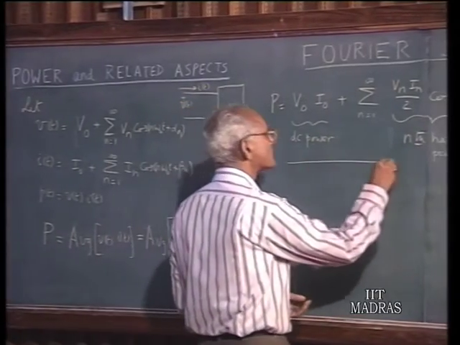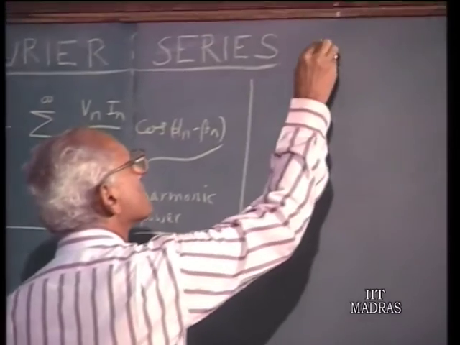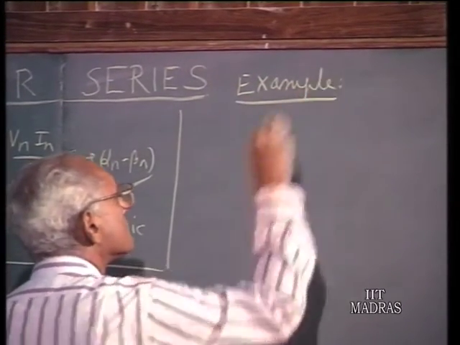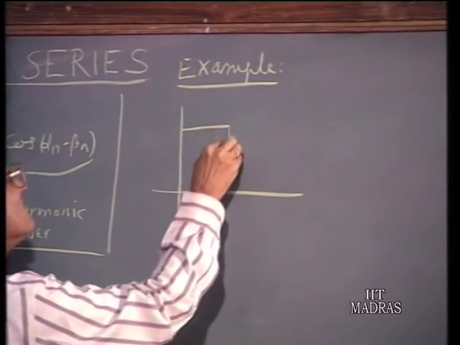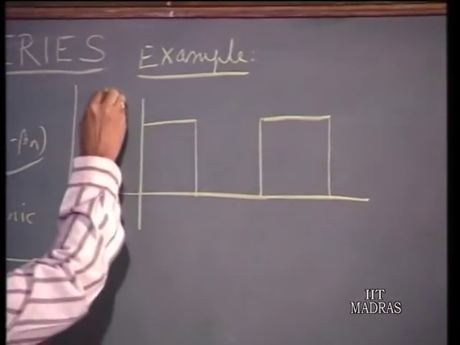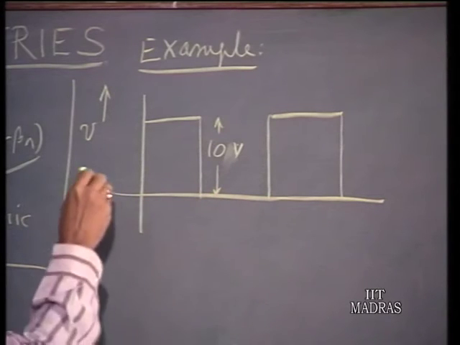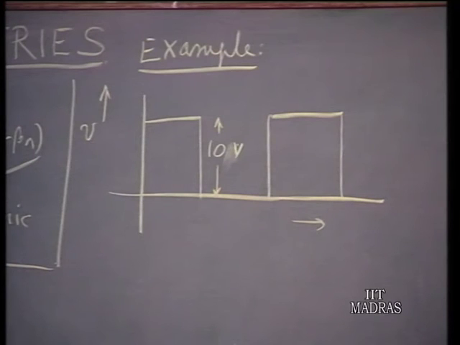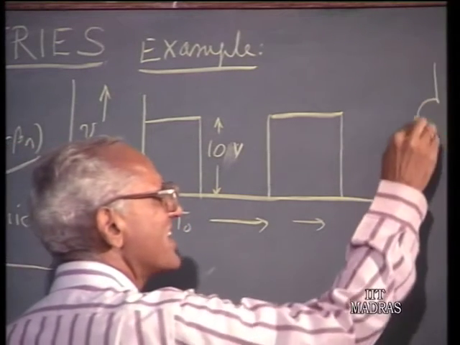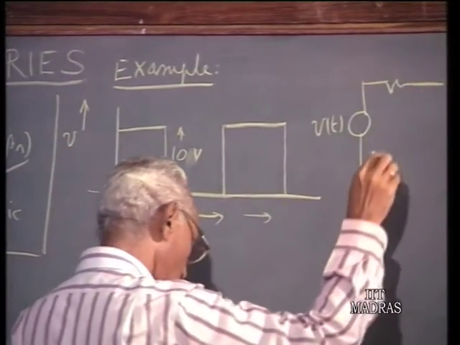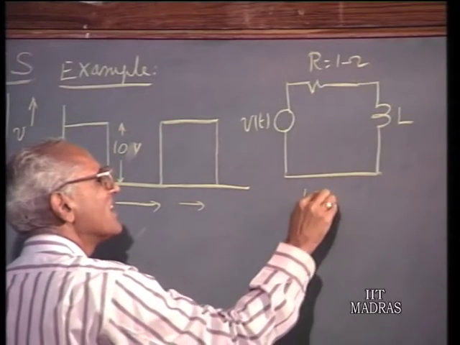Let us take an example. Suppose I have a 10 volt signal, an offset square wave with a period T naught, and this voltage signal is given to an RL circuit, R equals 1 ohm and L is such that omega naught L is 1 ohm.